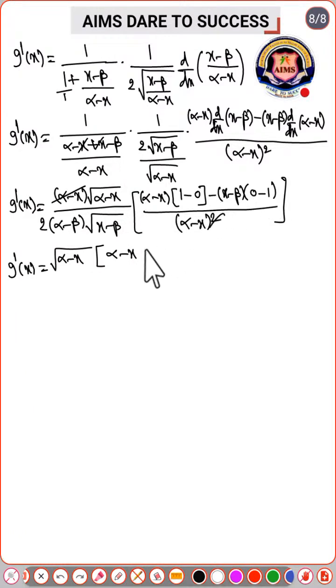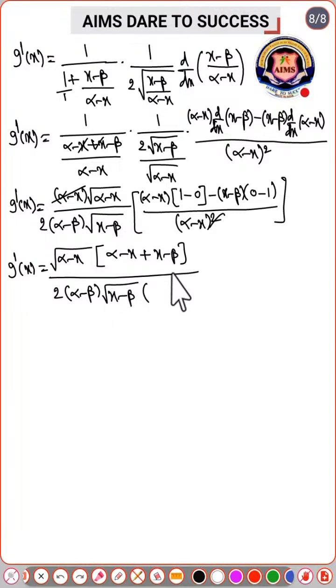Minus into minus plus x minus beta, whole divided by this 2 into alpha minus beta into root x minus beta into here only one time alpha minus x cancelled, another time alpha minus x.